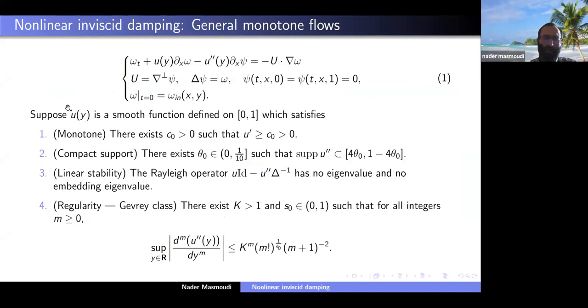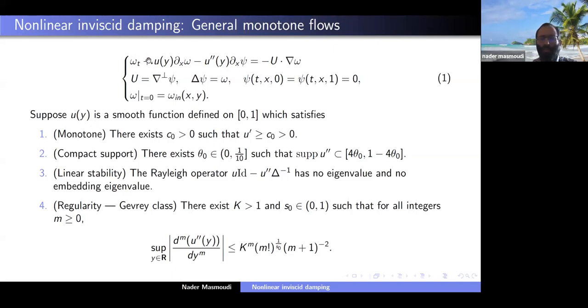Now I'm going to look at my problem in the domain which is the torus times [0,1]. So x will be in the torus, but y will be in [0,1]. And I suppose that I'm perturbing around a shear flow U(y).